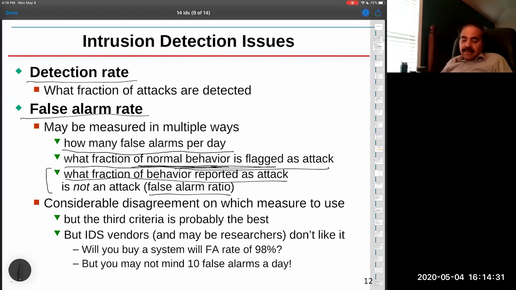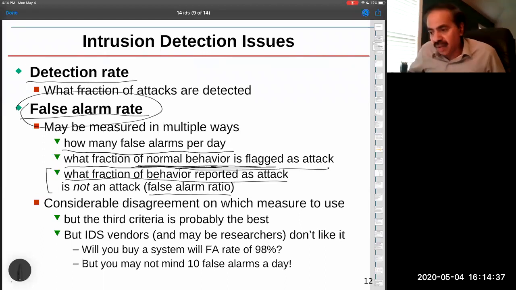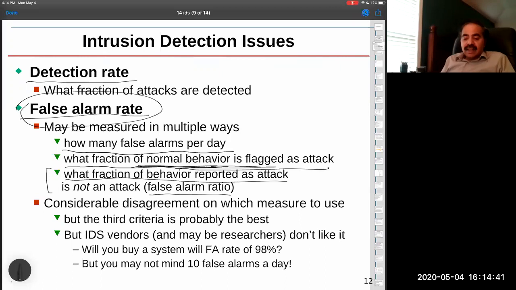So this false alarm rate is the biggest problem for intrusion detection systems, because existing solutions generally have high false alarm rates that make these intrusion detection systems very noisy and not that helpful to users in practice.